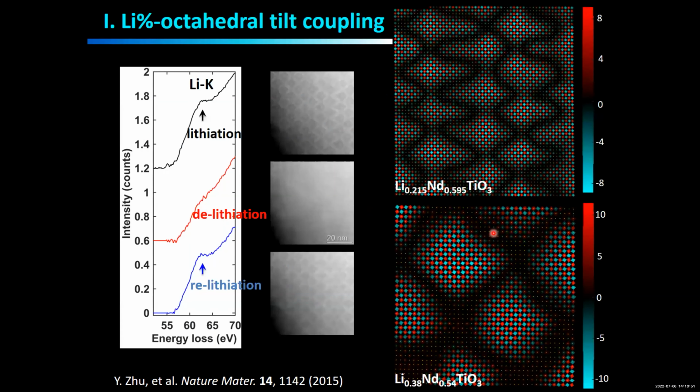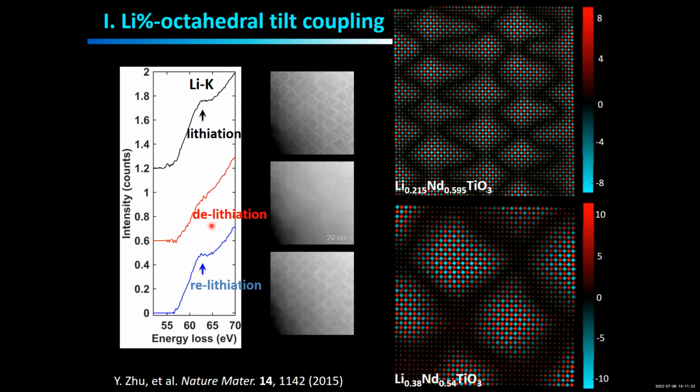We have mentioned that this nanodomain pattern is lithium dependent. To further explore this lithium dependence, we performed this octahedral tilt mapping in the LNT with different lithium content. Previously, we have been looking at this high lithium content LNT. By reducing the lithium content, we can see both the nanodomain size and the octahedral tilt angle are greatly reduced.